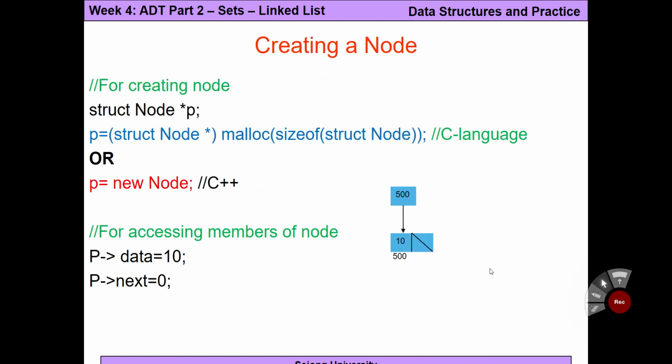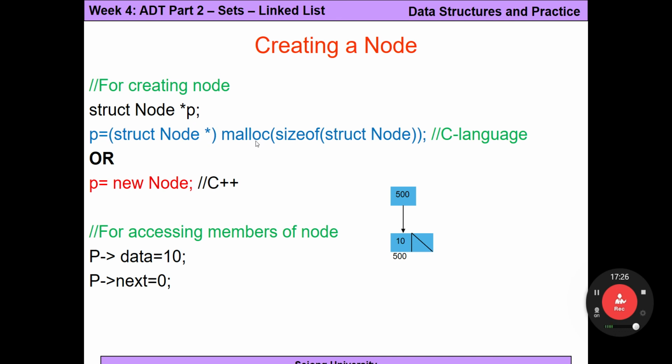Let's see how we can create a node by using different programming languages such as C language or C++. For creating a node, as we have discussed already, it would be of struct node type pointer. We have taken P as a pointer variable.